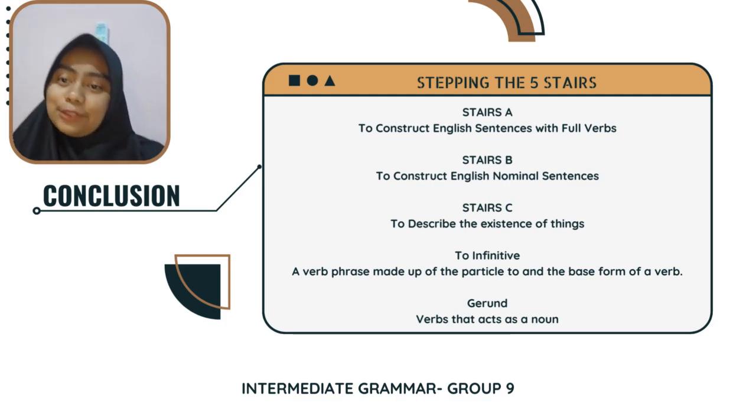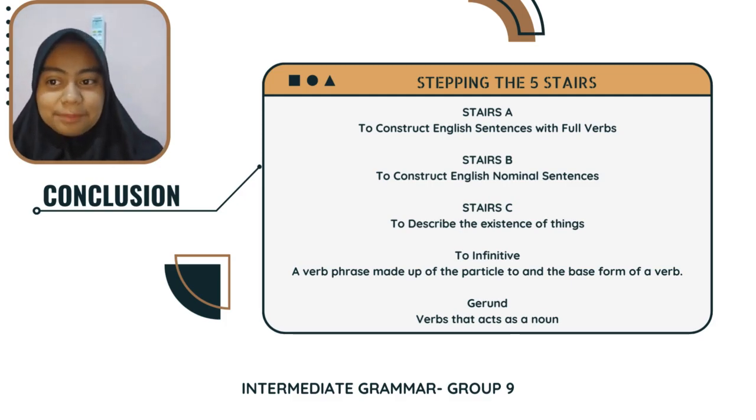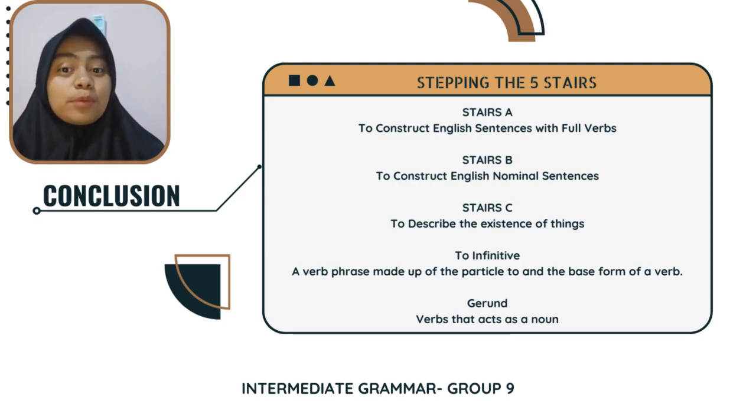Okay, let's take a look at the first example. I am going to the market. I is a subject or noun phrase one. Am here is a copula, or you may be familiar with "to be", it's just the same. And after "to be" or after the copula, we have the verb-ing. I am going to the market. Then "to the market" here is an adverb of place. So could you guess whether the verb "going" here is a present participle or a gerund?